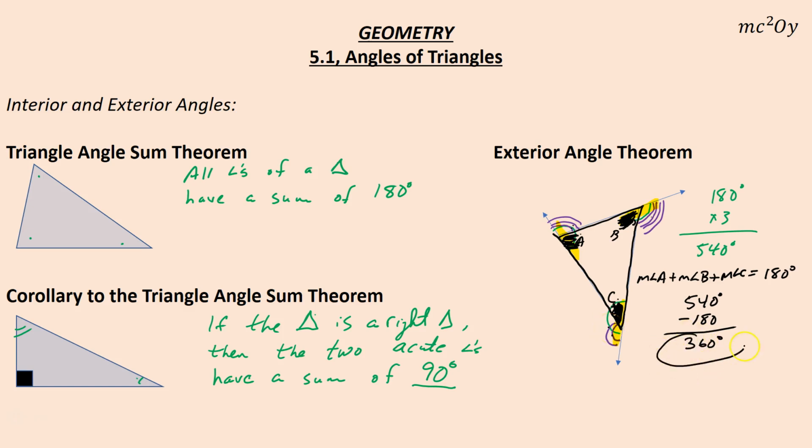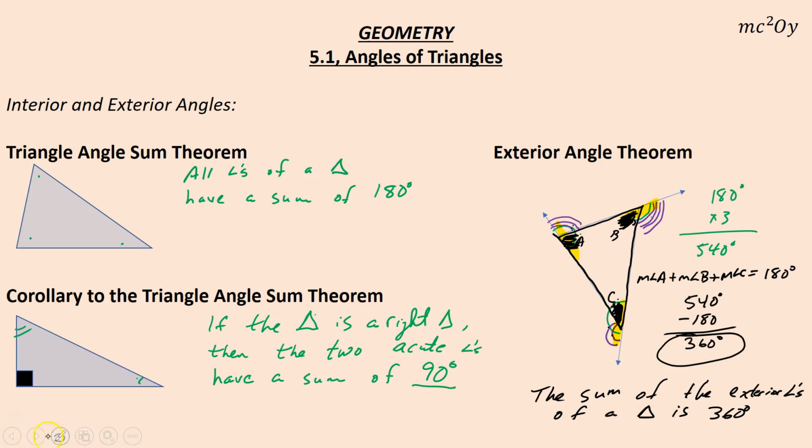So the exterior angle theorem states that the sum of the exterior angles of a triangle is 360 degrees. And just so you know, that's actually the sum of any exterior angles of any shape. The sum of the exterior angles of a square or a 20-sided figure will always add up to 360, and you can kind of prove it the same way.